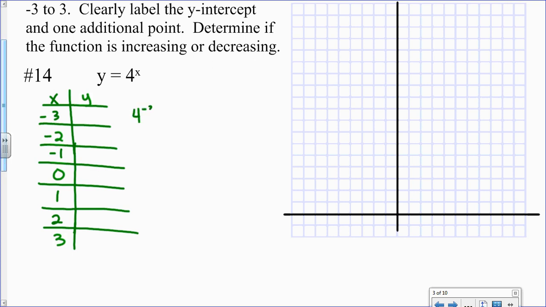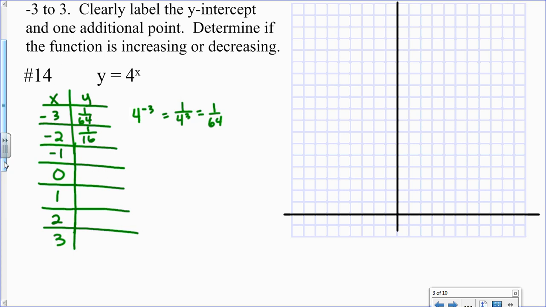So 4 to the -3rd is 1 over 4 cubed, because the negative makes this a fraction. And that's 1 over 64. So what would 4 to the -2nd be? 1 over 16, good.